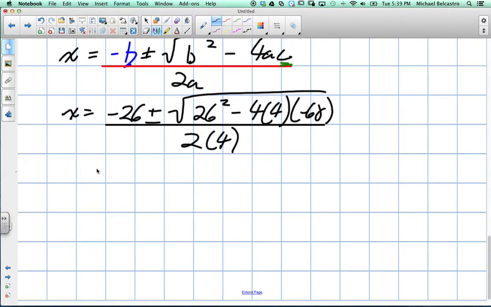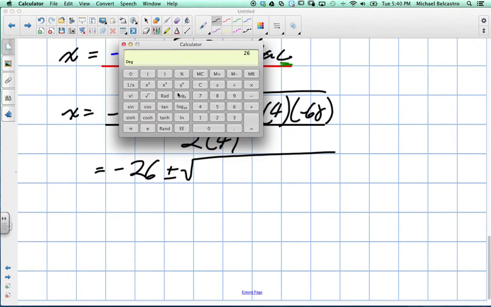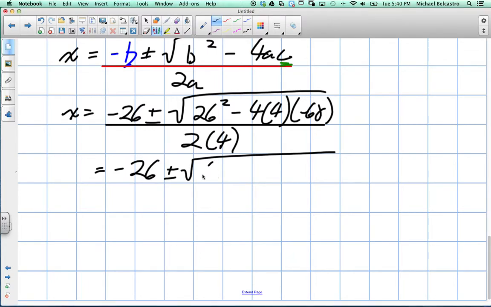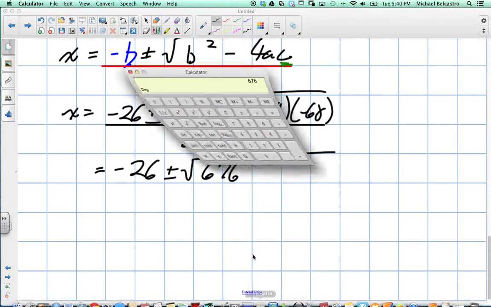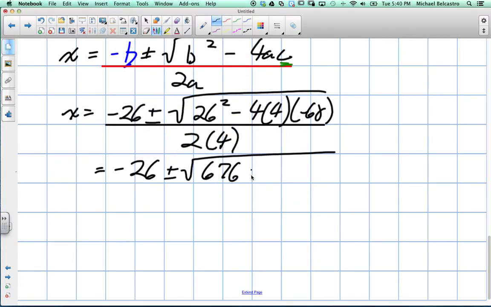So we go about calculating this. Negative 26 plus or minus the root of 26 squared, which is 676. Negative 4 times 4 is negative 16, and negative 16 times negative 68 is positive 1088.